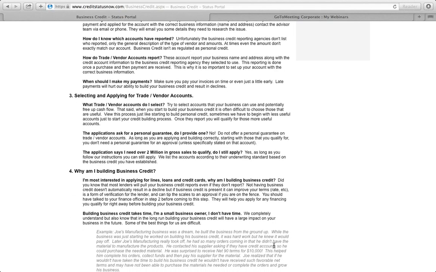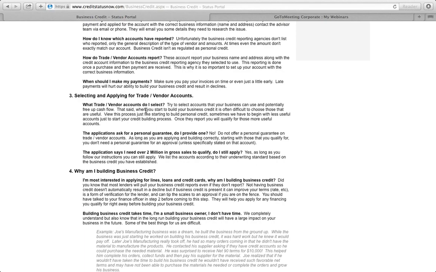The last couple things we want to talk about is selecting and applying for trade accounts. I briefly went over this when I talked about Best Buy. So we know not all of them report, and we also know that they all have different underwriting standards. For instance, Staples, it's one of the beginning accounts in step 4, but they like to see a Paydex score before they'll approve.